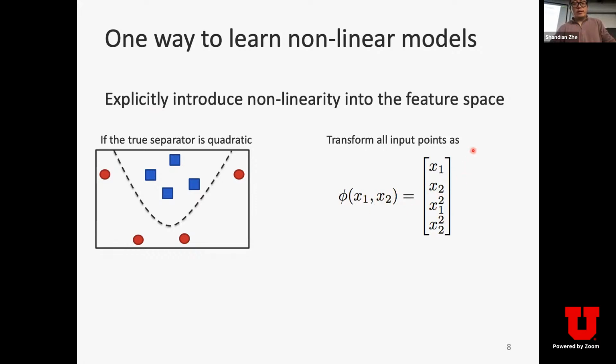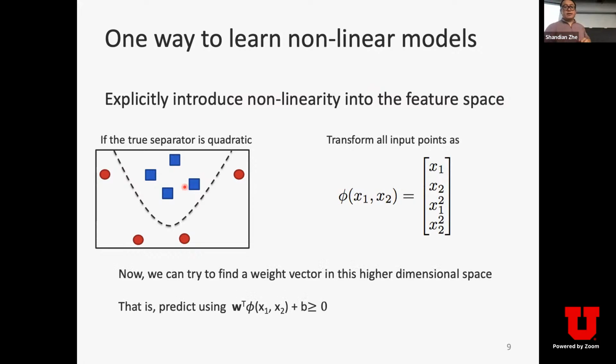Then every example can be represented by a four-dimensional feature vector. It is like placing these data points in a higher dimensional space. In that case, all those points can be well separated by a hyperplane. So we can try to find a weight vector and the bias parameter in this higher dimensional space, and we can still expect that a linear classifier can do its job very well. So that's the idea.